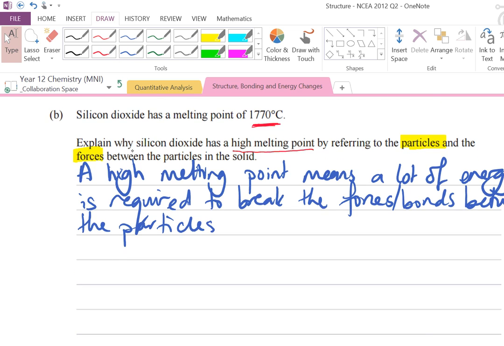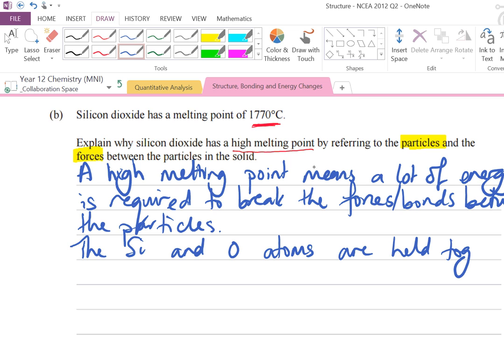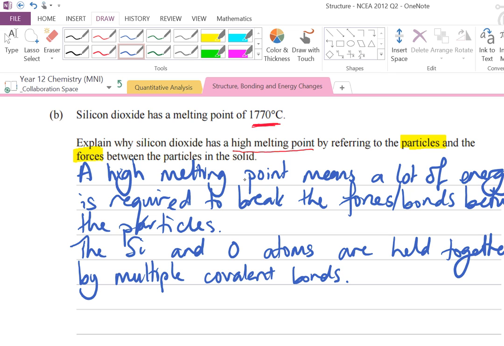Okay, so the silicon and oxygen atoms are held together by multiple covalent bonds in a 3D network.